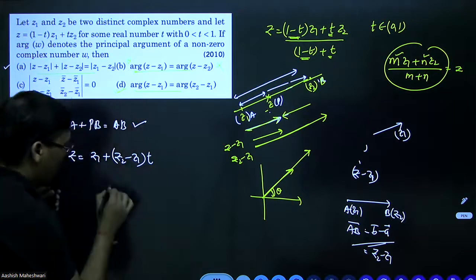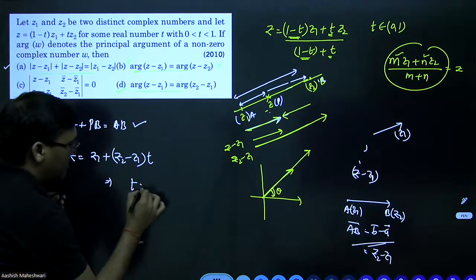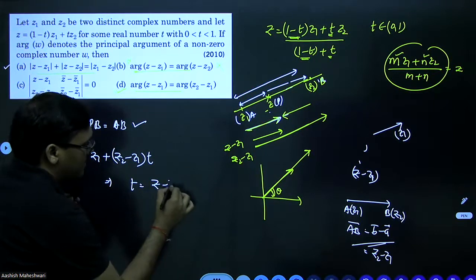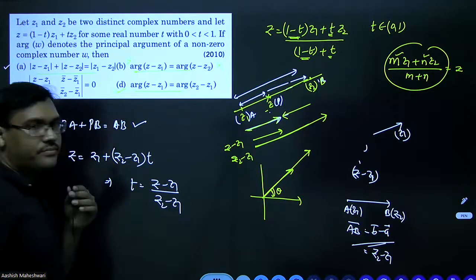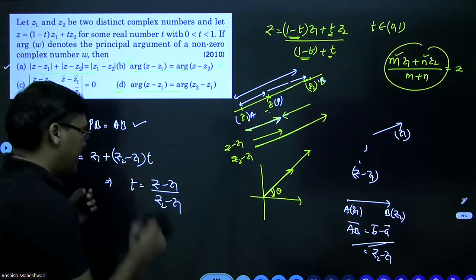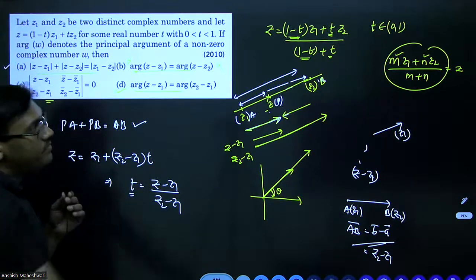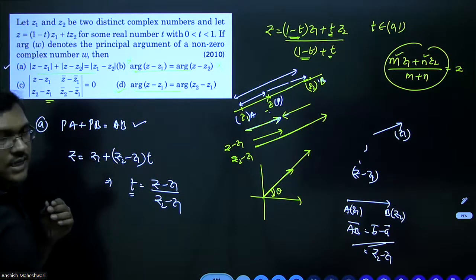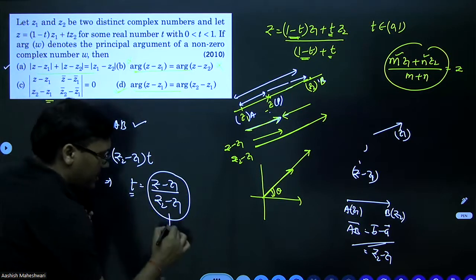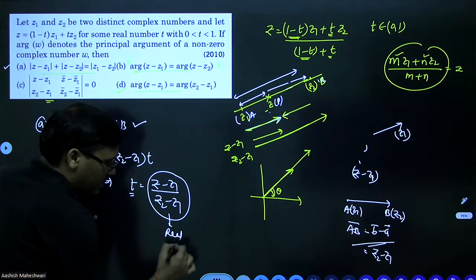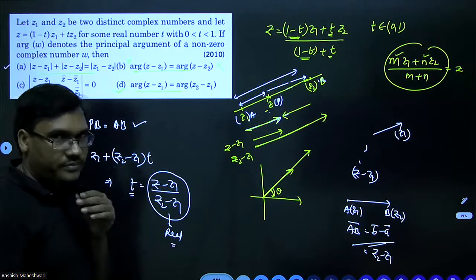So from this, if you arrange the terms, what is T? This is Z minus Z1 divided by Z2 minus Z1. And you can see T is a real number. It is given in the question. If T is a real number, that means this is a real number. If this is a real number, what is the condition for a complex number to be real?